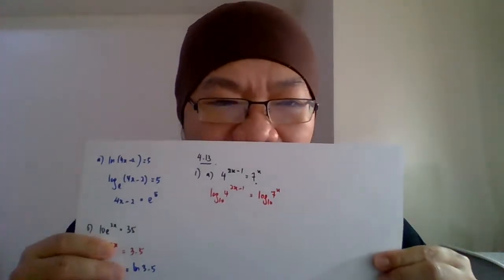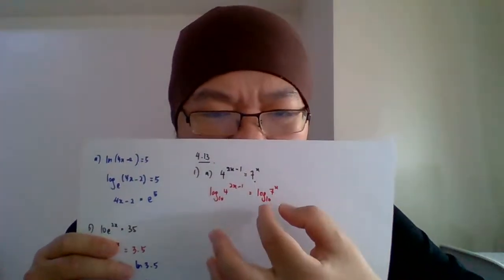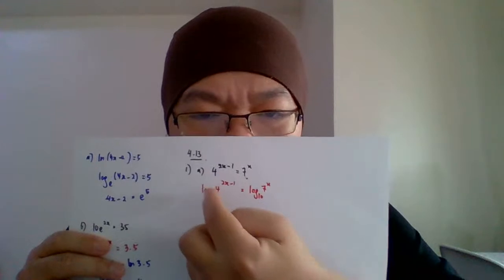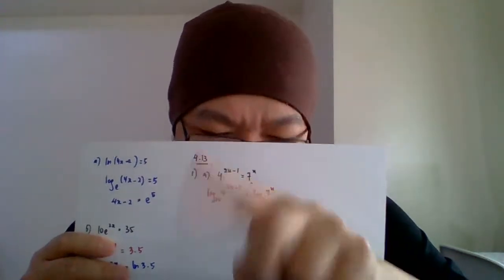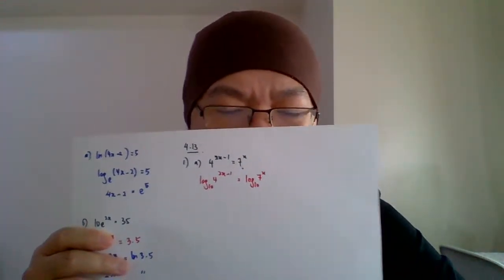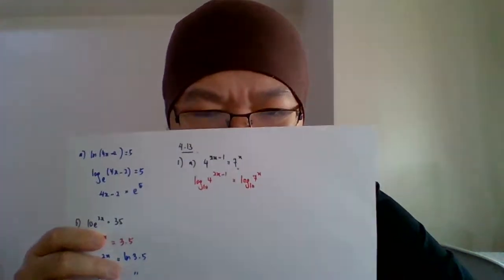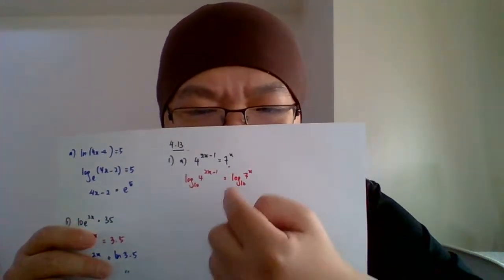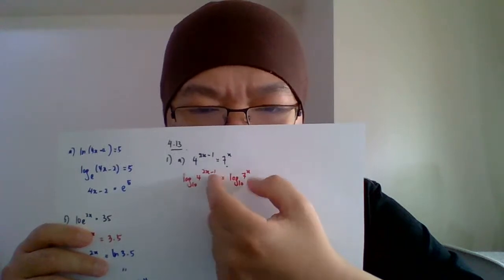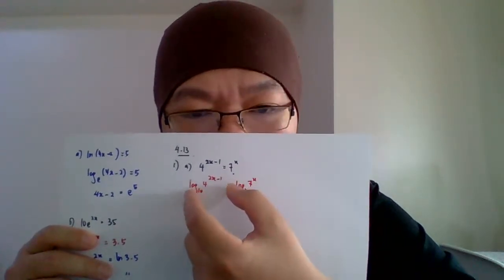Okay, I put the log 10 on the left and on the right. And I told you log 10 we can write down as lg, so from now on I will use lg for log 10. Since the powers on the left and right can be brought to the front of the log, we just bring them to the front.